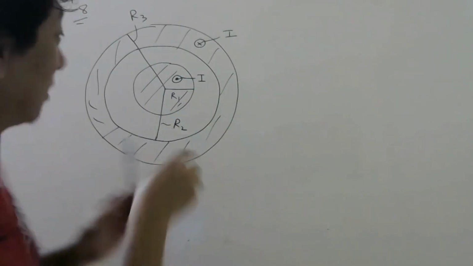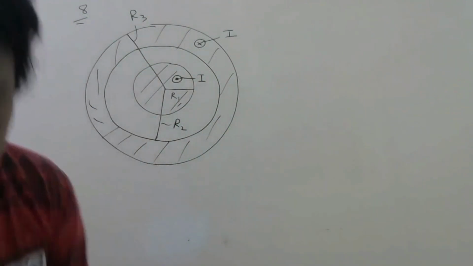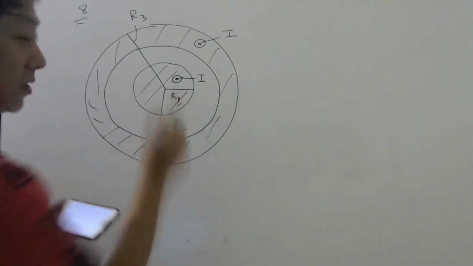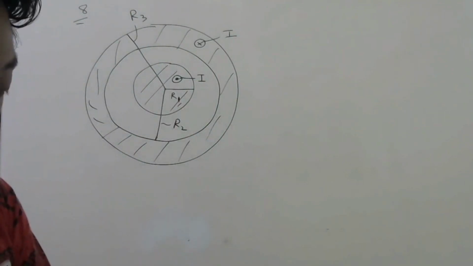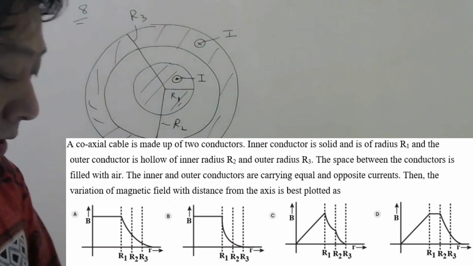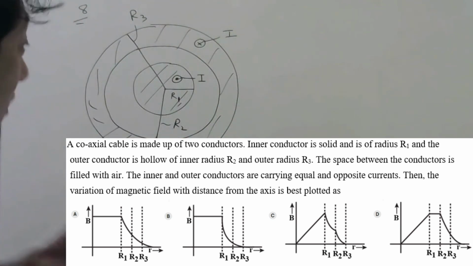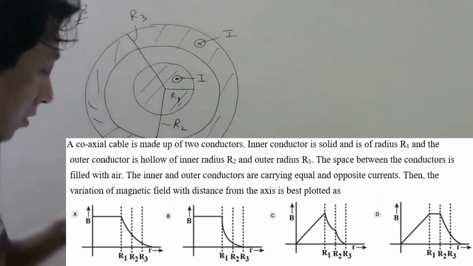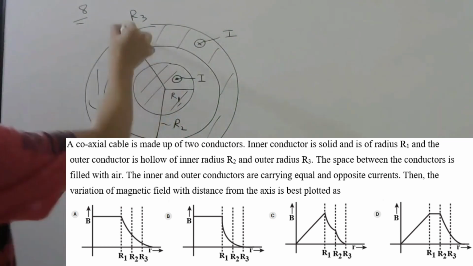The inner conductor, this one, is solid and has radius R1. R1 is the radius of the inner conductor, and the outer conductor is hollow, of inner radius R2. The inner radius of this outer conductor is R2 and the outer radius is R3.